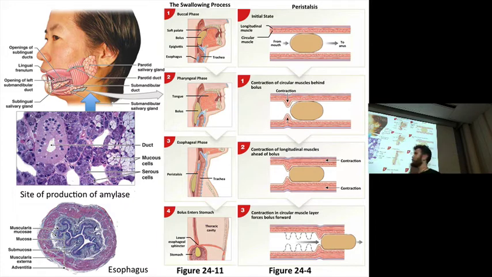We move that bolus by a rippling wave of contraction that happens upstream of the food and pushes it downstream. So this wave of musculature behind whatever bolus, moving it along the GI tract.